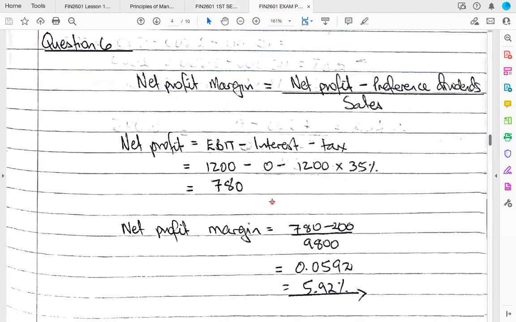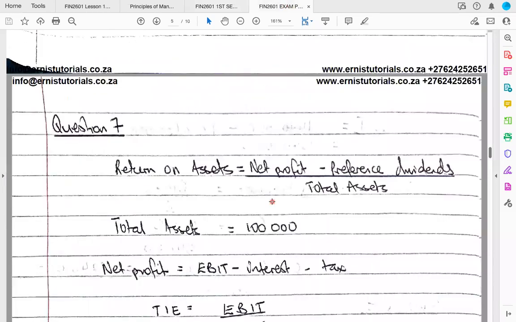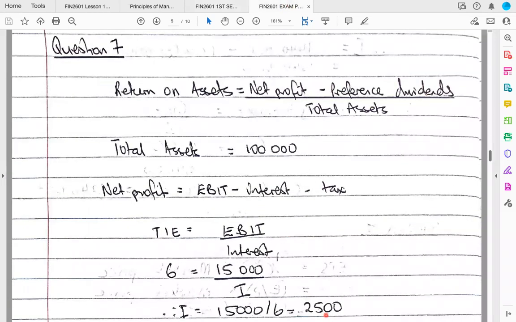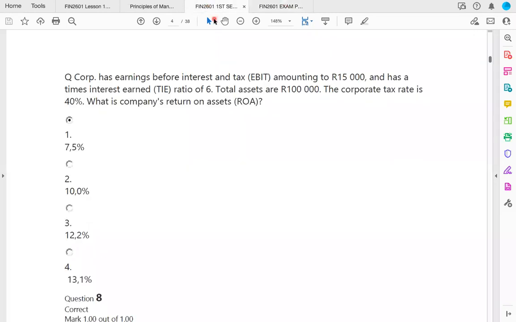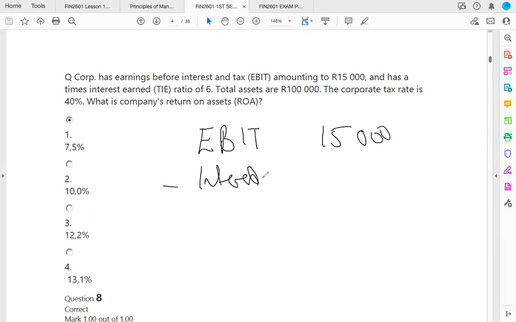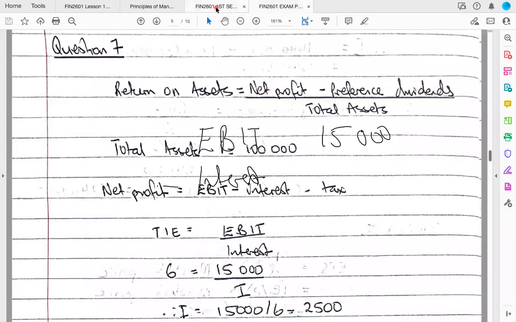We calculated that interest expense to be equal to 2,500. And then once we have that interest expense, we can calculate our tax. Remember, we can say our EBIT, which is 15,000, minus our interest. We've calculated our interest to be 2,500.